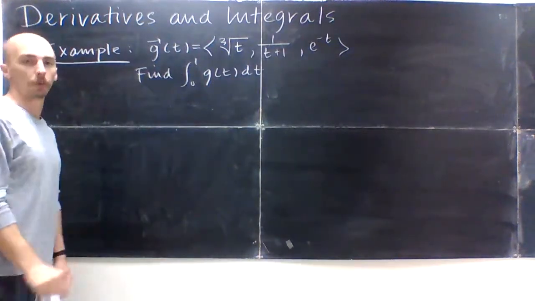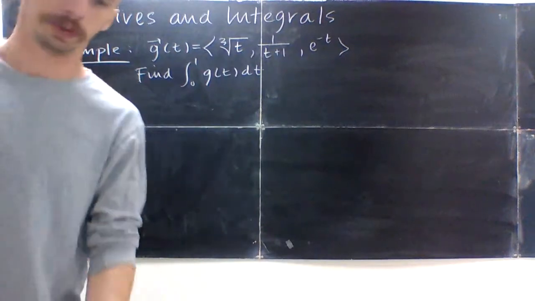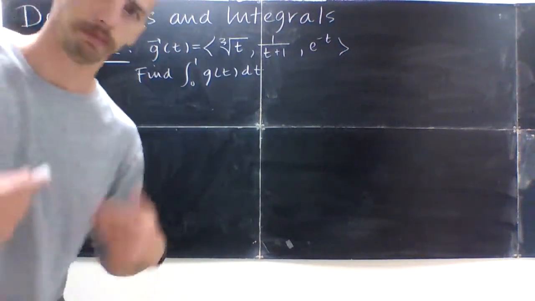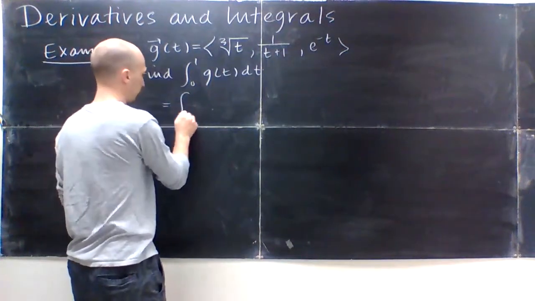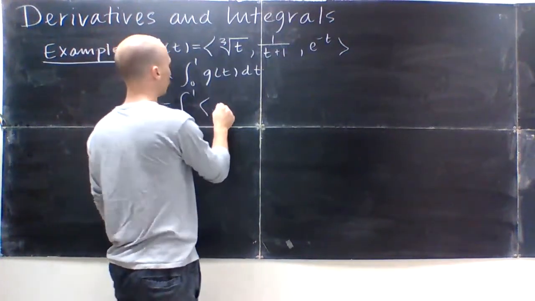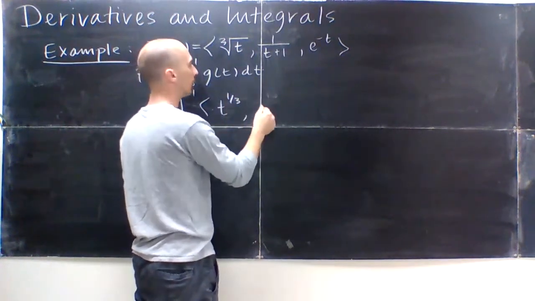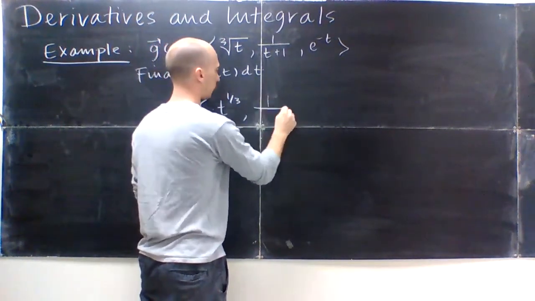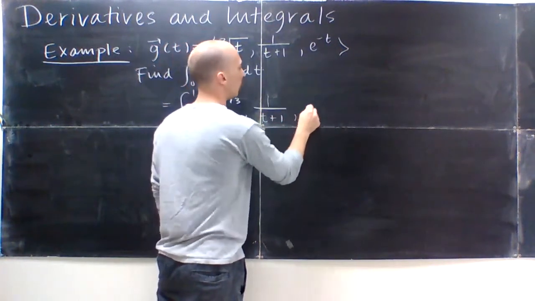All right, so what we're going to do is find an antiderivative for each of the components, evaluate it between 0 and 1, and have ourselves an answer. I'll write this as t to the 1/3. I know that's not going to work with the power rule, so I'll just write it as 1 over t plus 1, and I'll say e to the negative t.